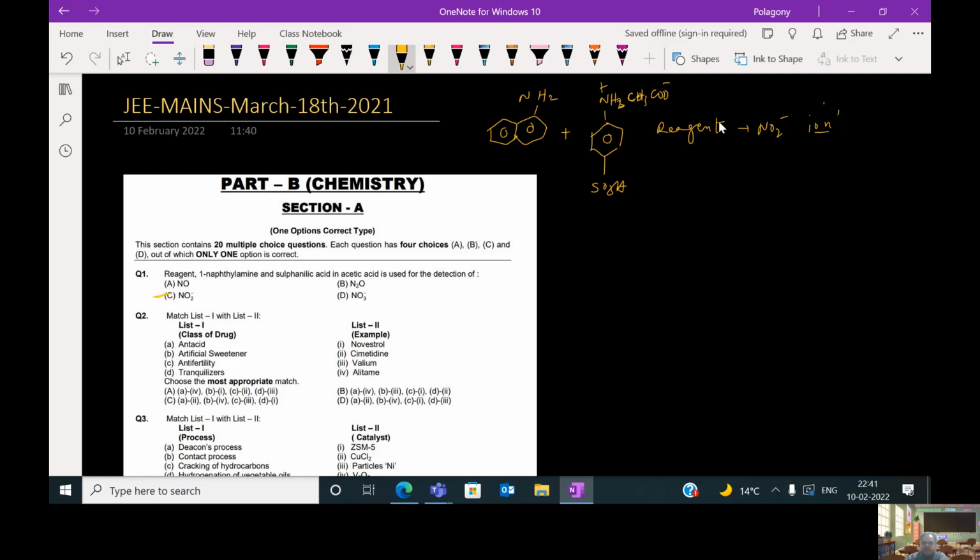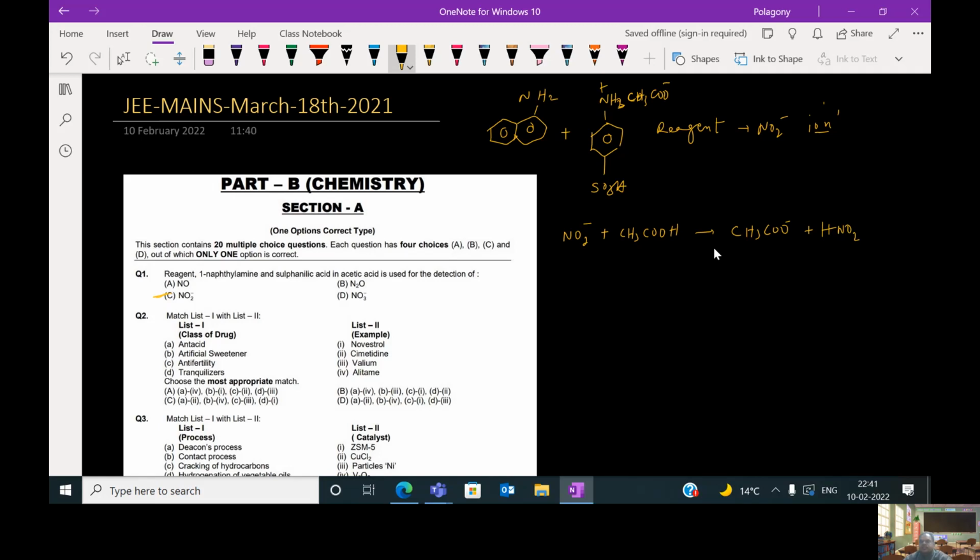So let us see how this will work. In the presence of nitrite ion, NO2 minus plus acetic acid will give CH3COO minus plus HNO2, nitrous acid. We get nitrous acid and acetate ion.